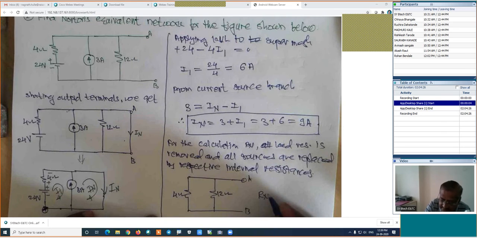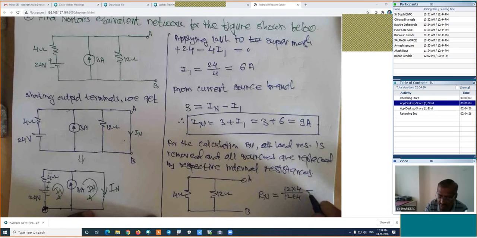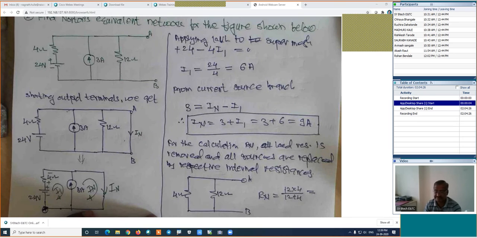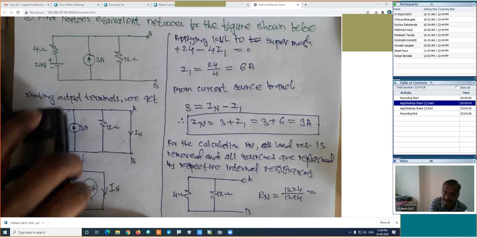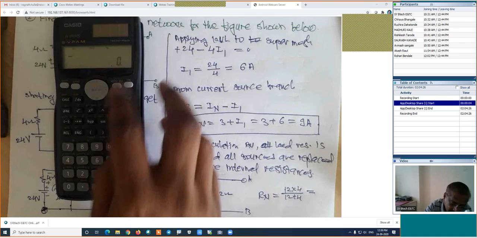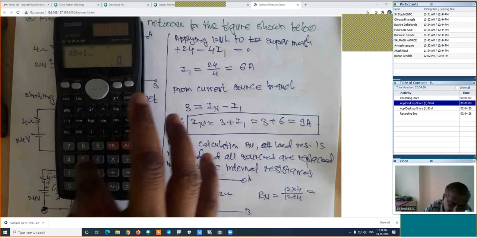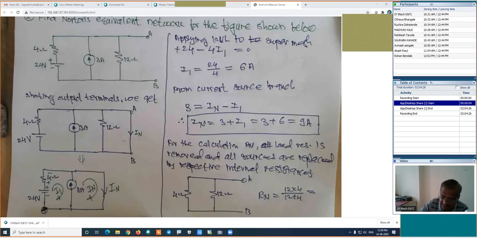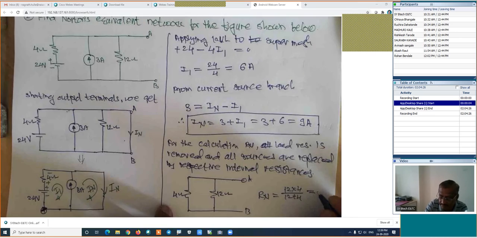Now, RN is equal to 12 into 4 divided by 12 plus 4. How much is the value? 48 divided by 16, I guess. It is 3 ohm. Yes, 3 ohm.